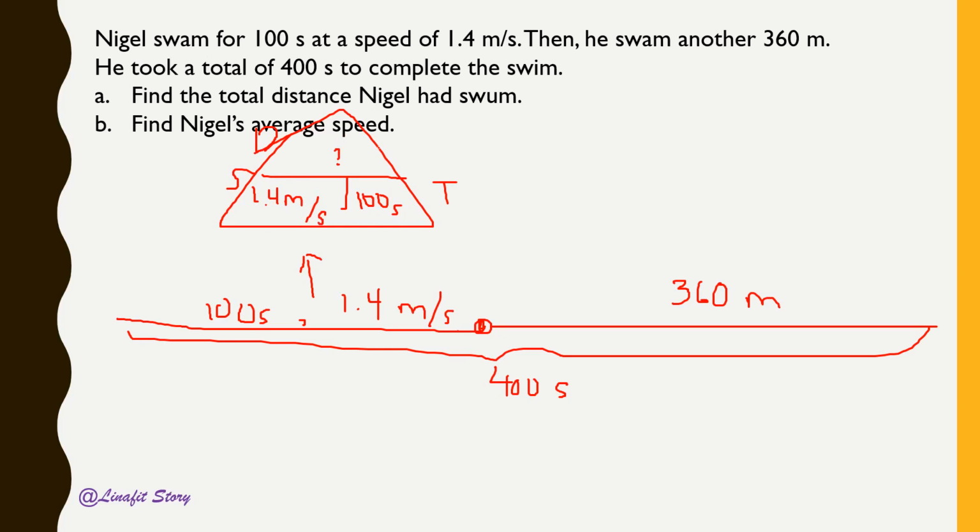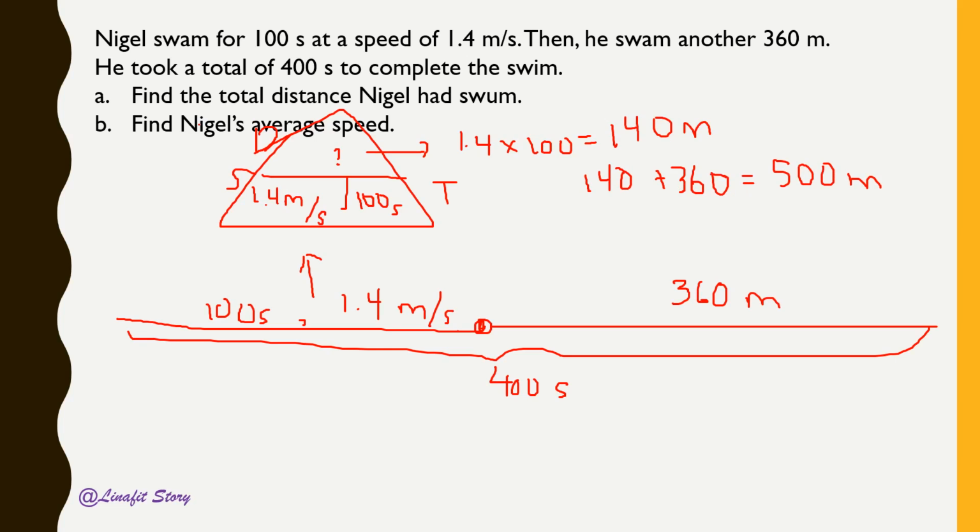Then to get the distance is 1.4 times 100 equals to 140 meters. Then the total distance is 140 plus 360 equals to 500 meters.